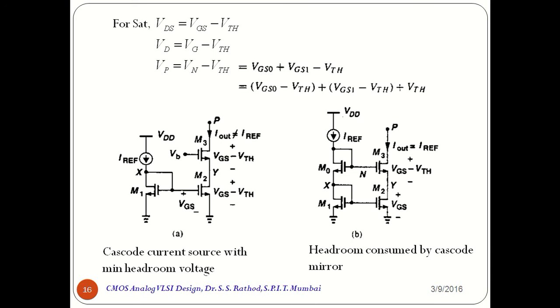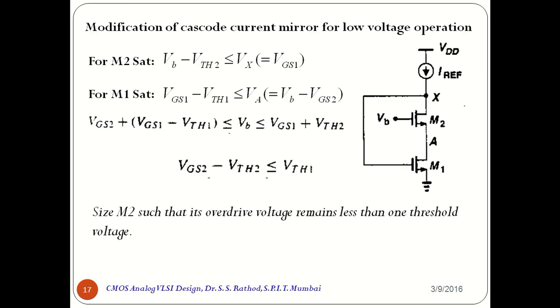So a cascode device or cascode mirror consumes one voltage headroom. We can modify the circuit for low voltage operation. The modification of the circuit is shown in this figure.